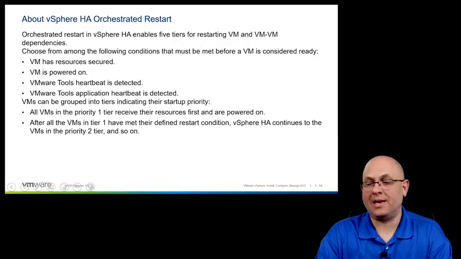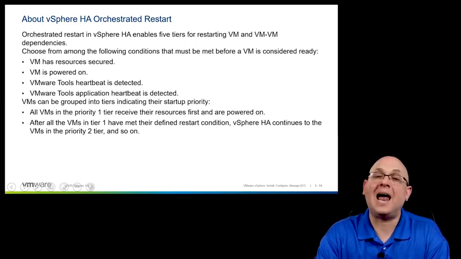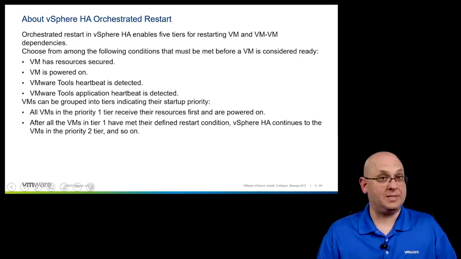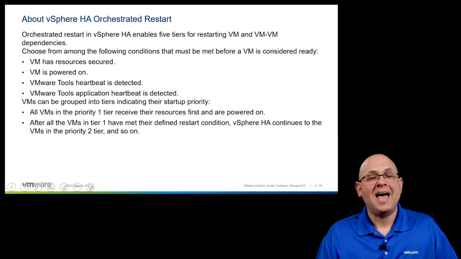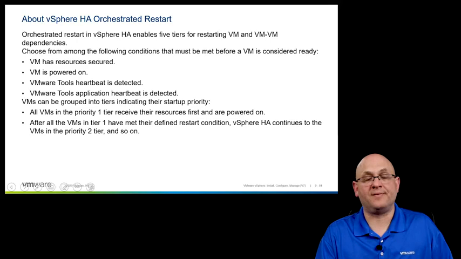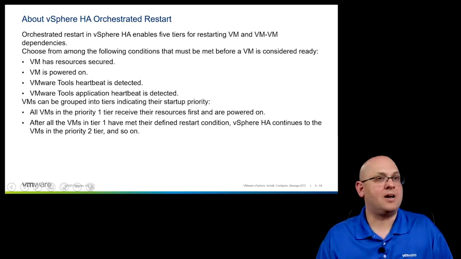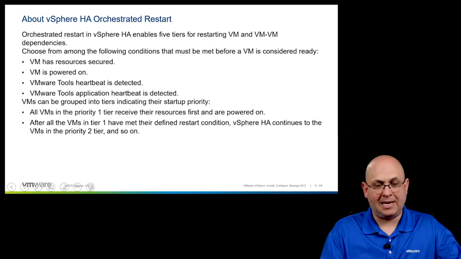The next topic we're going to look at here is called orchestrated restart. This is an interesting feature that has to do with virtual machines that happen to be running on the same ESXi host. That host goes down, fine, and I've got a whole bunch of virtual machines that are on that host, and maybe those virtual machines rely upon each other's services. Maybe I've got a web GUI, an application system, and a database.